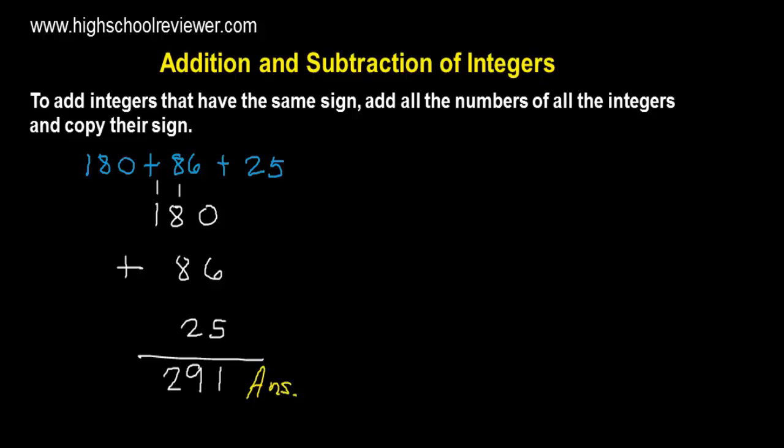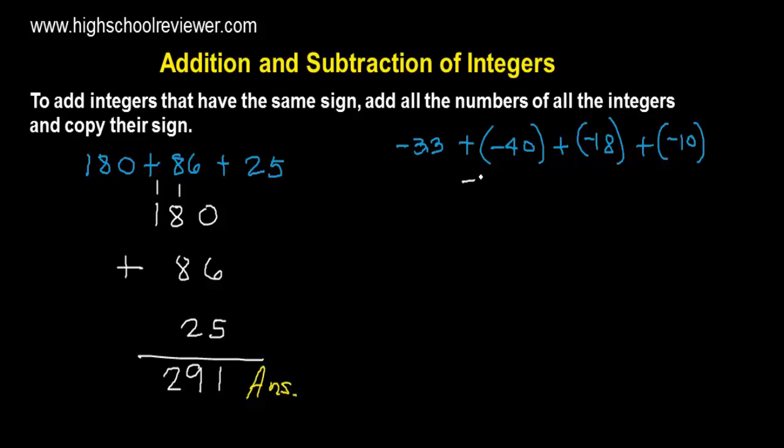Let's have here our fourth problem. We have negative 33 plus negative 40 plus negative 18 plus negative 10. Again, we will arrange them vertically.